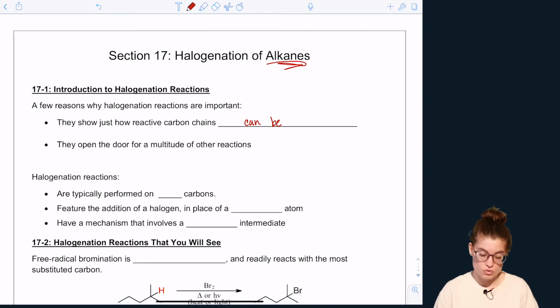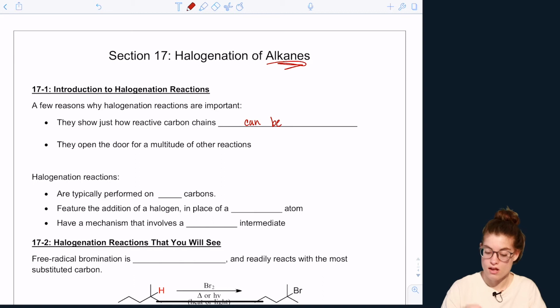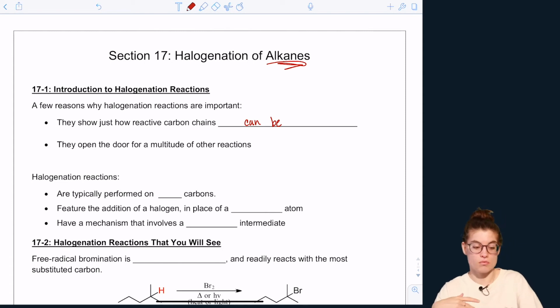But if we can do a halogenation reaction and put a halogen on an alkane, well, of course halogens on alkanes are reactive. In fact, those are considered leaving groups for SN1, SN2, E1, E2 reactions. So if we can put a halogen on an alkane, we can now open the door to all of the reactions that we covered in the SN1, SN2, E1, E2 sections.